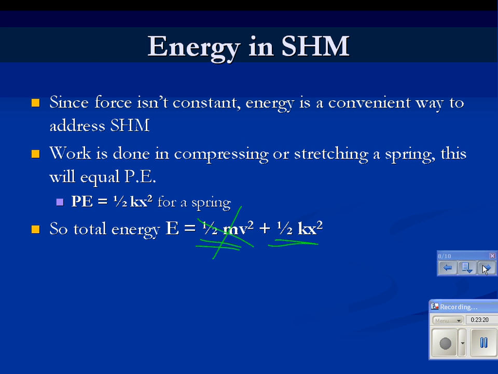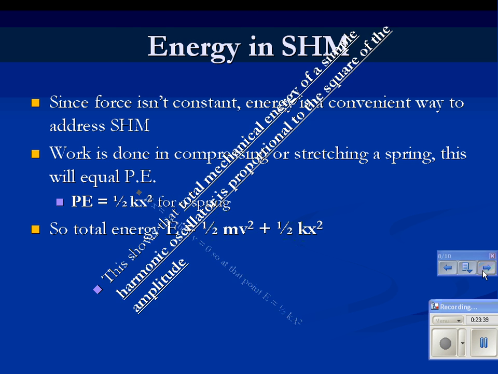When I'm at equilibrium, there's none of this, and it's all that. And it's always going back and forth, back and forth. If I'm somewhere in between equilibrium and maximum, it's the combination of the two. But at either extreme, it's just one or the other. And the total is constant.